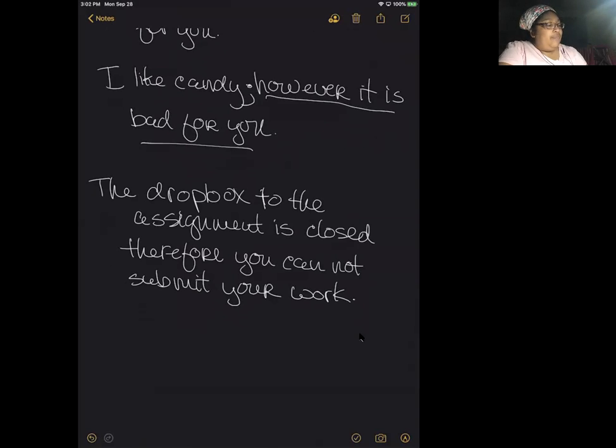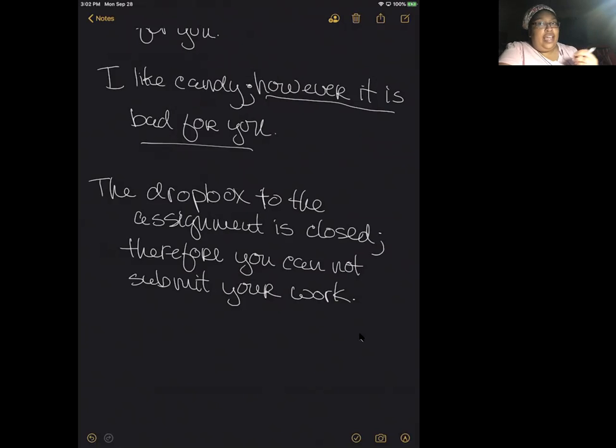Then you have the second part: "Therefore, you cannot submit your work." Full sentence, right? Therefore is one of those conjunctive adverbs, so you need a semicolon right before it. You're separating those two sentences.